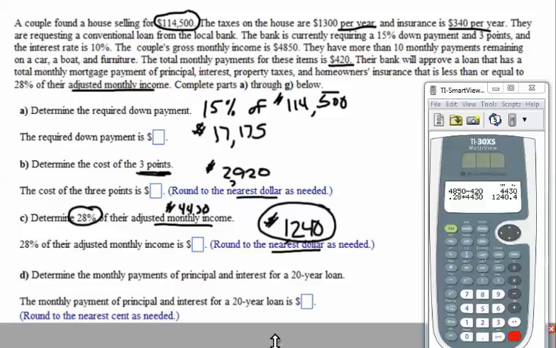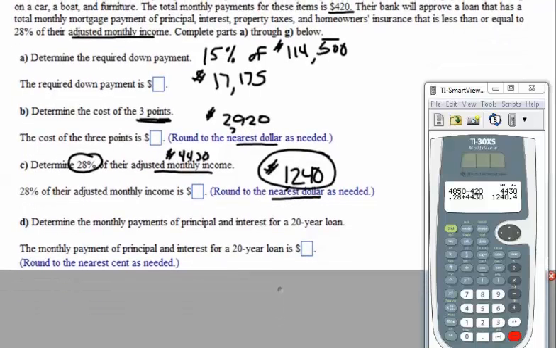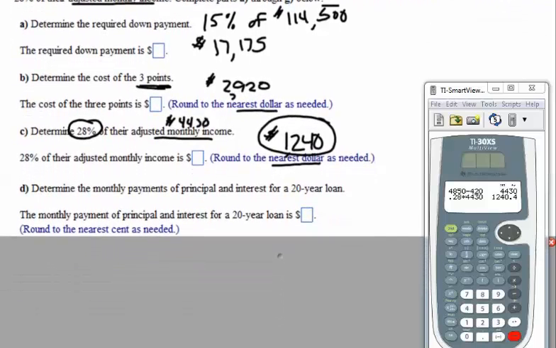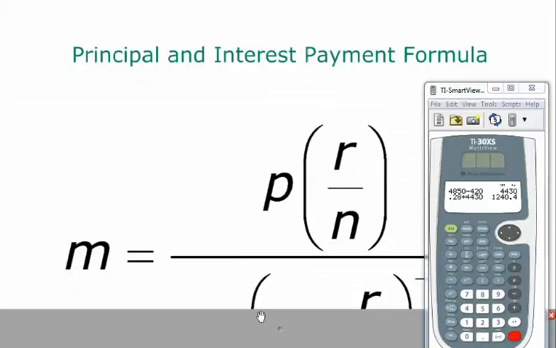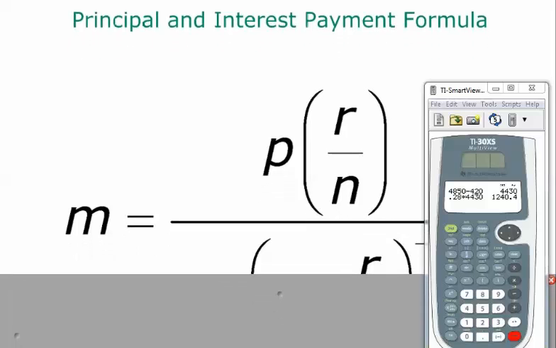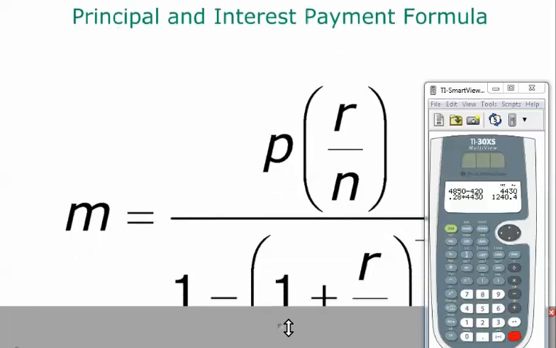Now Part D says determine the monthly payments of principal and interest for a 20-year loan. Now in this class there are two ways to do that. One way is to use the principal and interest formula, which is a pretty daunting formula, and we are not going to opt for that option.